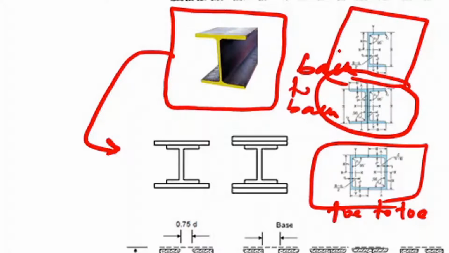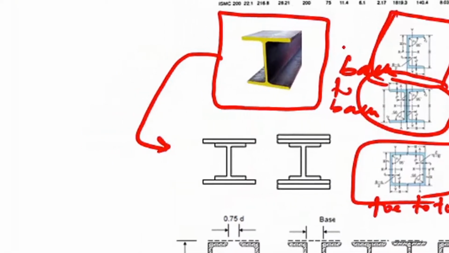If you use one, it will undergo flexural and torsional buckling. The strength due to flexural and torsional buckling is less than the flexural strength. That is why we never go for an unsymmetrical section as a compression member.